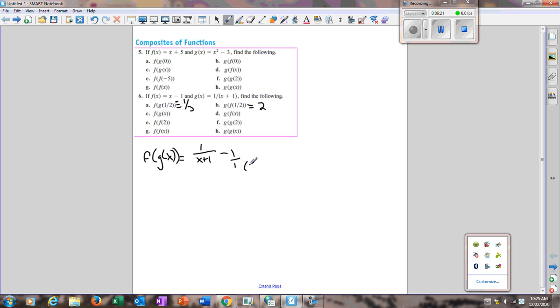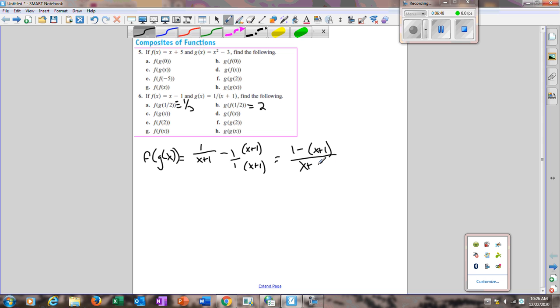It's 1 over x plus 1. So it gives me 1 minus x plus 1, that's over x plus 1. I had to get a common denominator for those, that's all. Distribute my negative, and I get negative x over x plus 1.